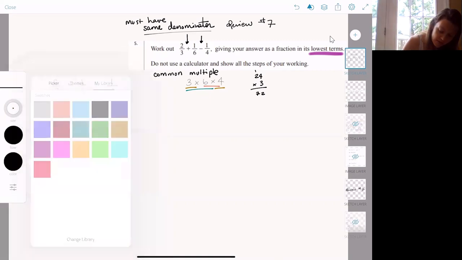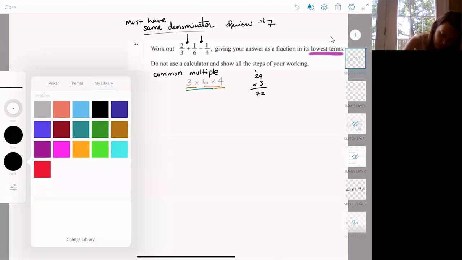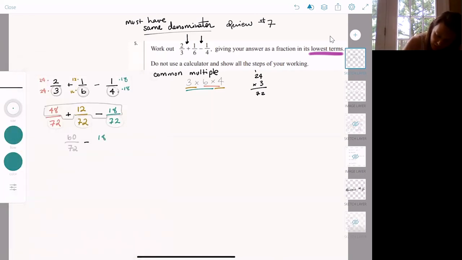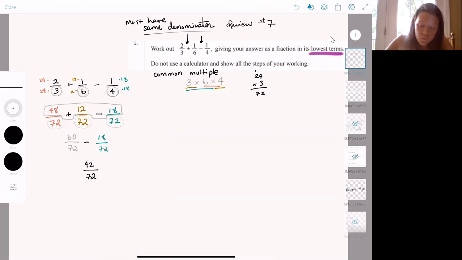And then from that, we have our 18 over 72, and I combine those two as well. 60 minus 18 gives me 42 over 72. The last thing we have to do is express this in lowest terms, which is why I don't really like this method as much.